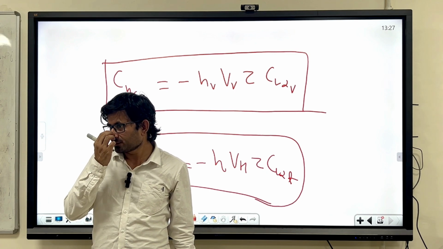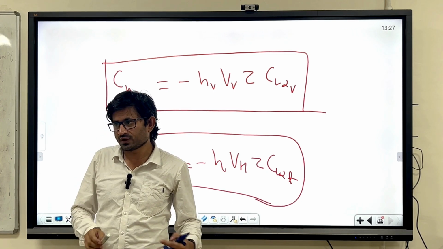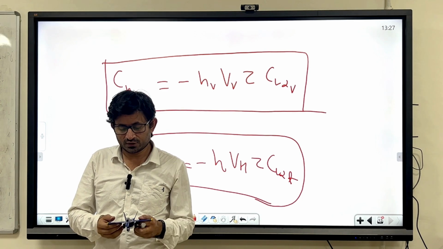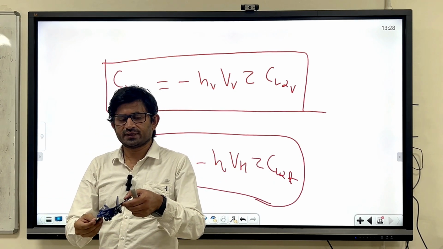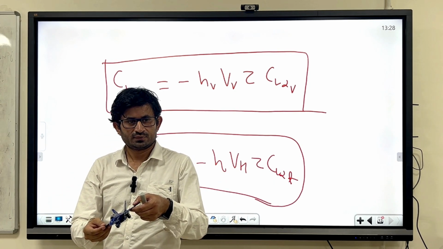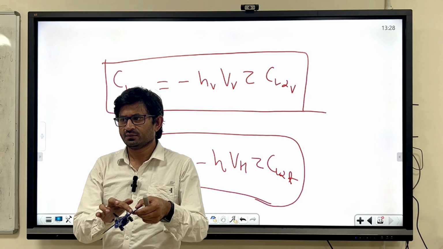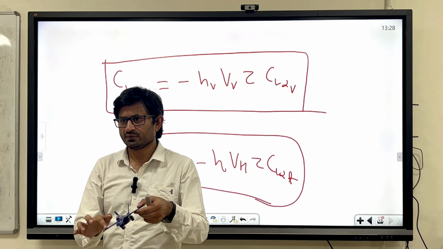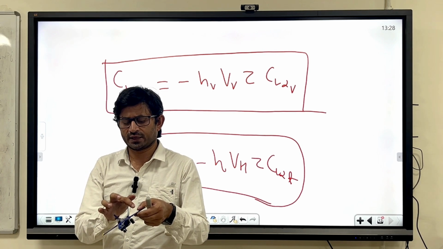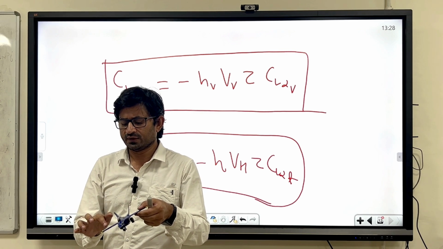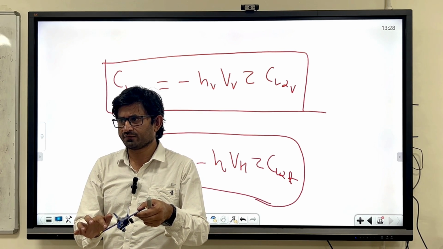So what is the job of the directional control? First thing is, for example, if you are rolling the aircraft by increasing the lift here and decreasing the lift here, and if the lift is more here, the drag will be more here. If the lift is less here, drag will be less here.